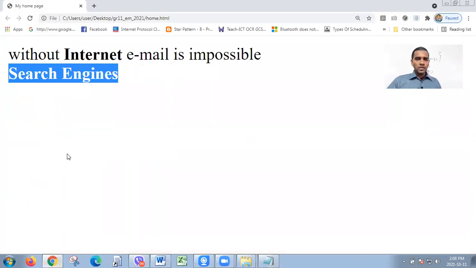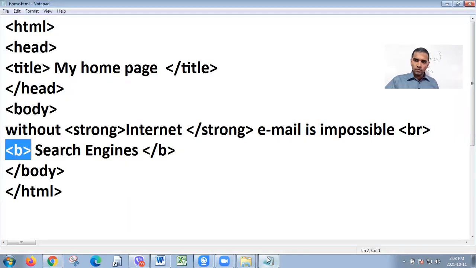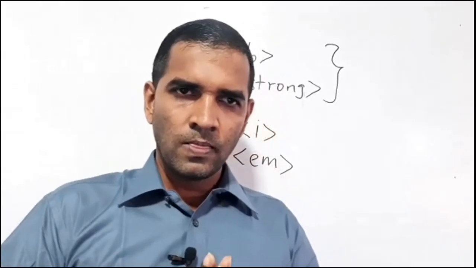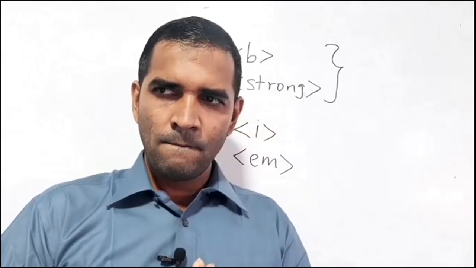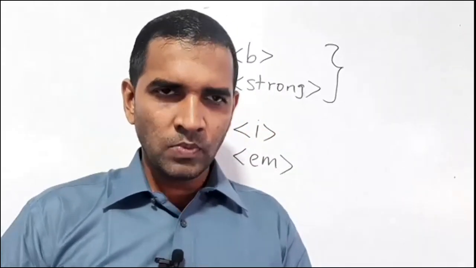When you display them on the screen as output, you cannot find any differences, so visually they are the same. But in terms of coding, you have to put the right words in the right places. Understood or not? Should I explain again?